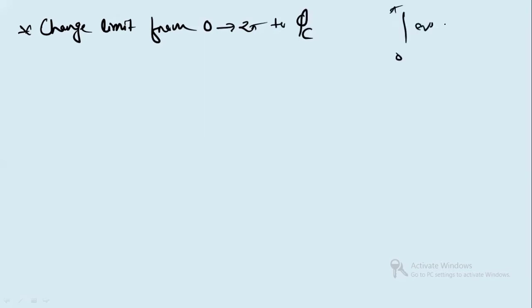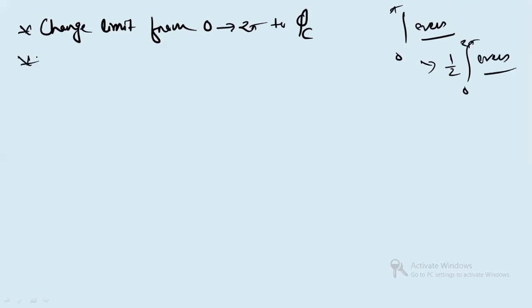If the function is even, only then you can do this sort of question, otherwise it's not possible. So if you have integral limit 0 to pi and the function is even, as you have already done in previous problems, you will just take half, and you can make the limit 0 to 2 pi. This is how you can change.